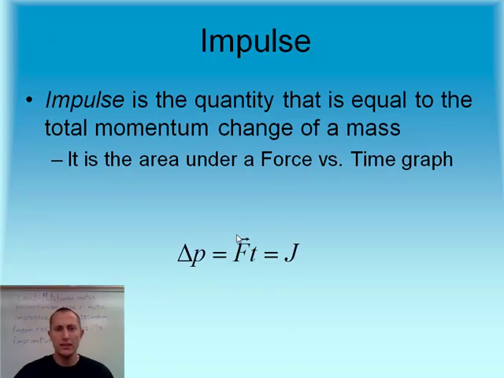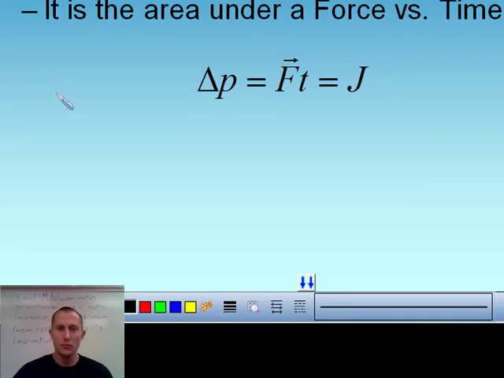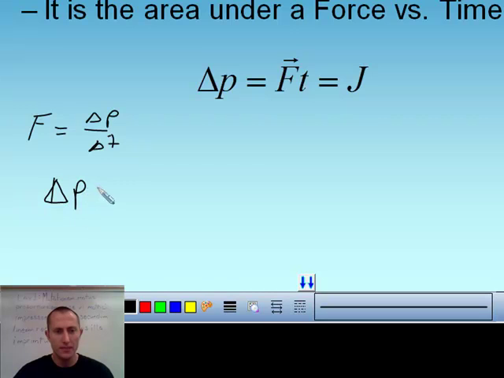And the change in momentum, if we do a little bit of, again, derivation, we know that force is equal to change in momentum over delta t. And so from there, the change in momentum is going to be equal to force times time.